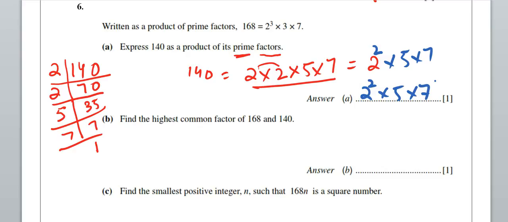Next question, we have to find the highest common factor of 168 and 140. In fact there are two methods.